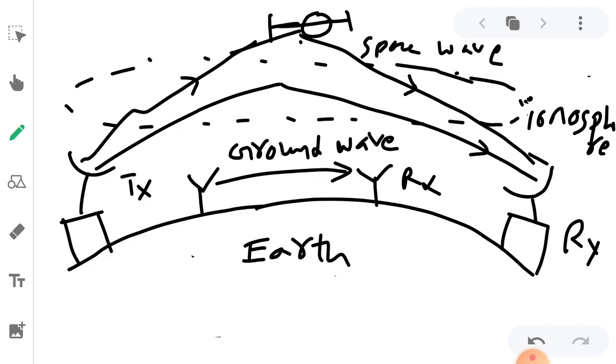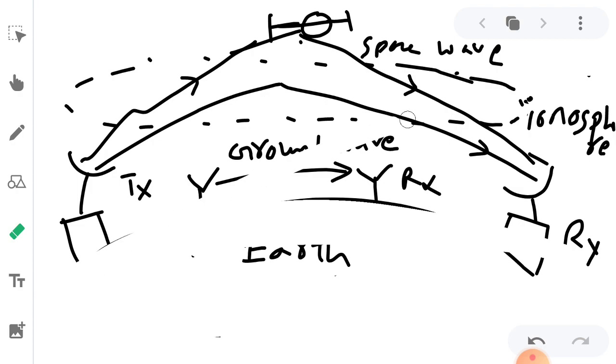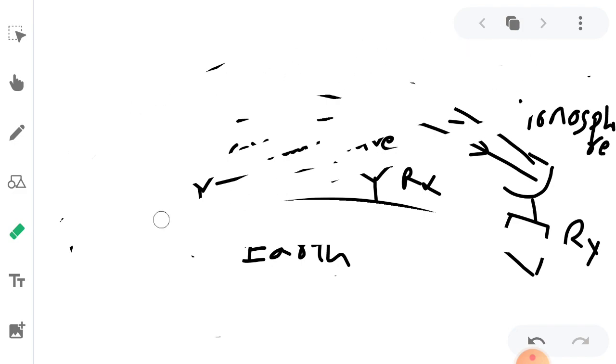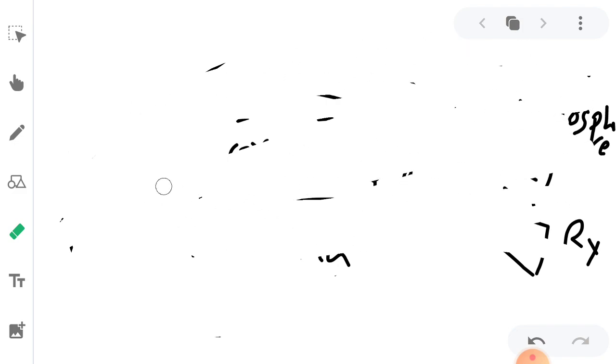Now we'll look at sky wave propagation in a little more detail. A sky wave is the wave reaching the receiving antenna as a result of scattering and reflection by the ionization layer.